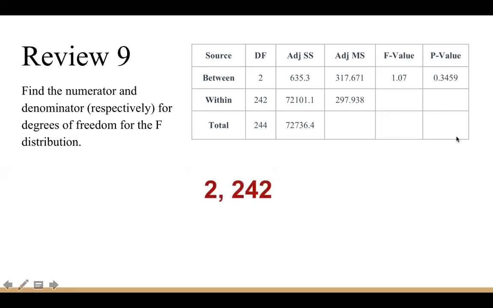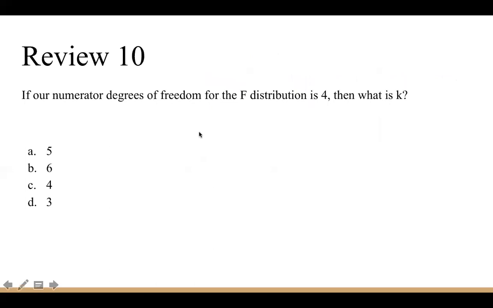All right, great. So 2 and 242 are our numerator and denominator degrees of freedom. If you remember, the numerator was between and the denominator was within. So you see the chart is just 2 and 242. Good job. So this is our last review. If our numerator degrees of freedom for the F distribution is 4, then what is k?